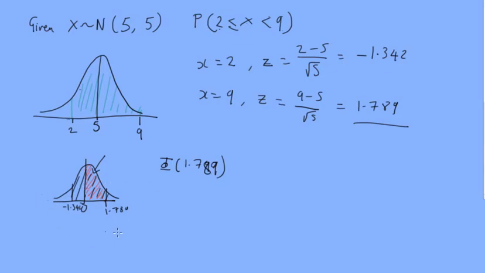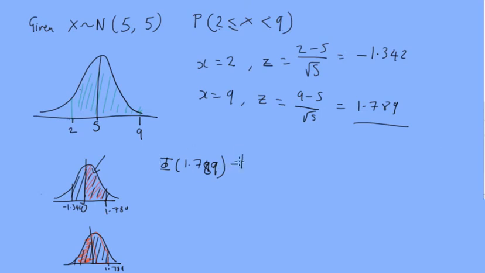So I'm just going to draw for that one part of it so it makes sense. So we've got 1.789. If we do that, that is going to be this whole area. But we are going to take away the probability of this. So we're just left with this part here.